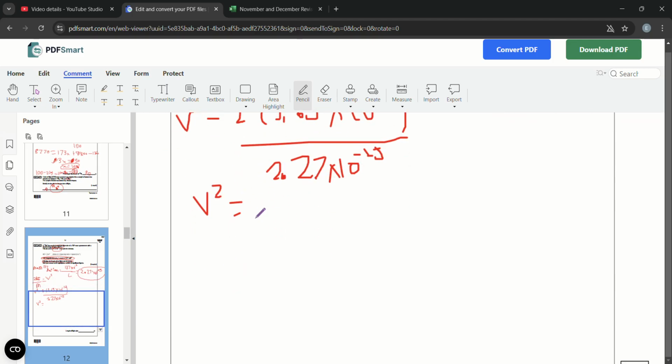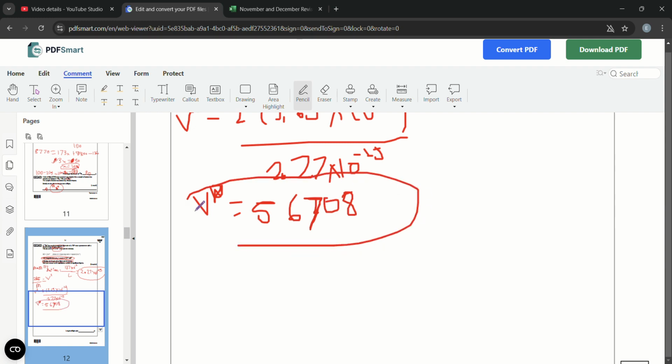And then square root the answer, so we get velocity as 56708. That is the velocity.